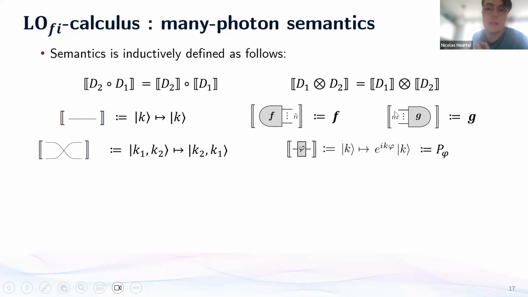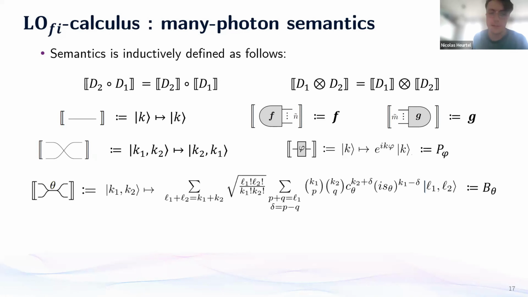Just to mention, I didn't write the space precisely for F and G, but G is a bra, which would be a sum of bras, and F will be a sum of kets. For the phase, when there are K photons at the input, there will be a K times phi phase at the output. And of course, the most complicated component is the beam splitter.